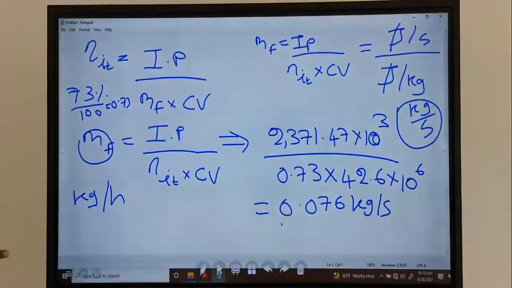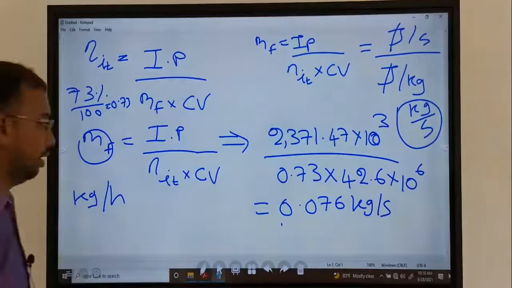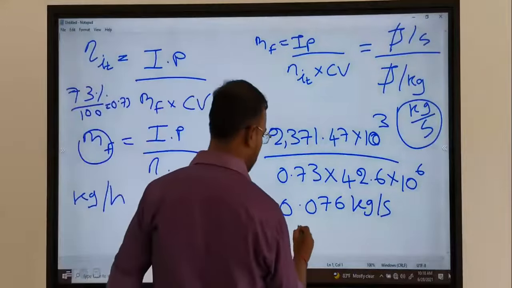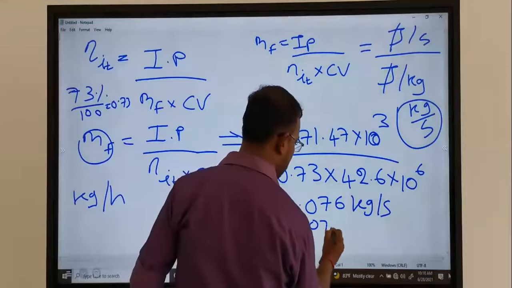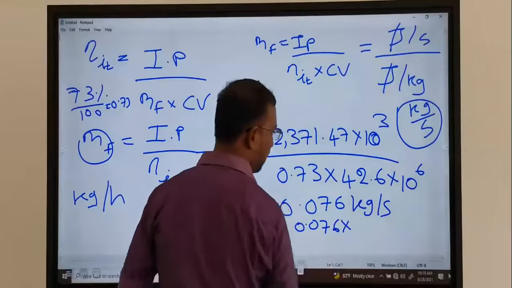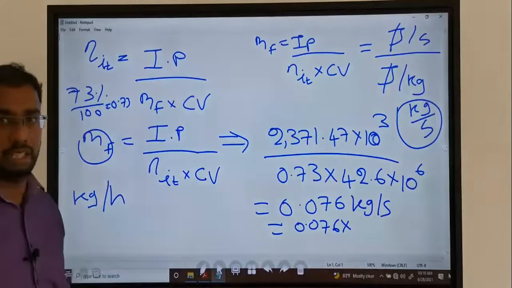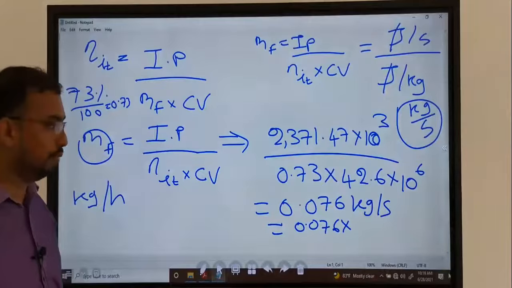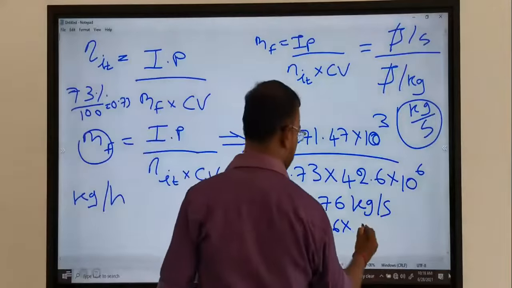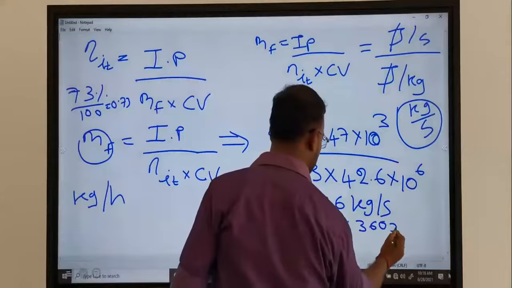But in the standard, the unit is kilogram per hour. So what we do: 0.076 is per second, and 1 hour is 3600 seconds, so we multiply by 3600.